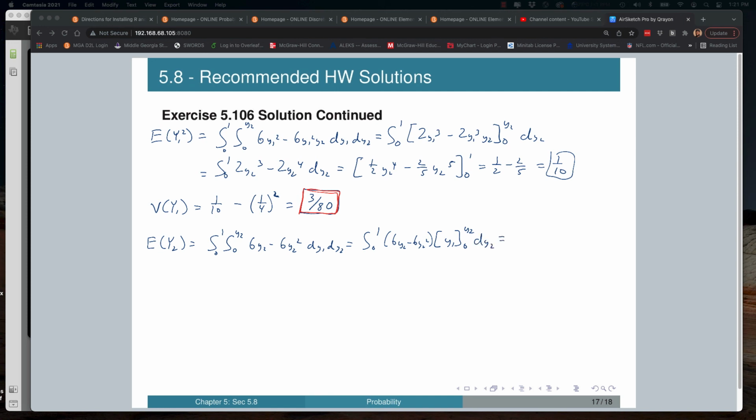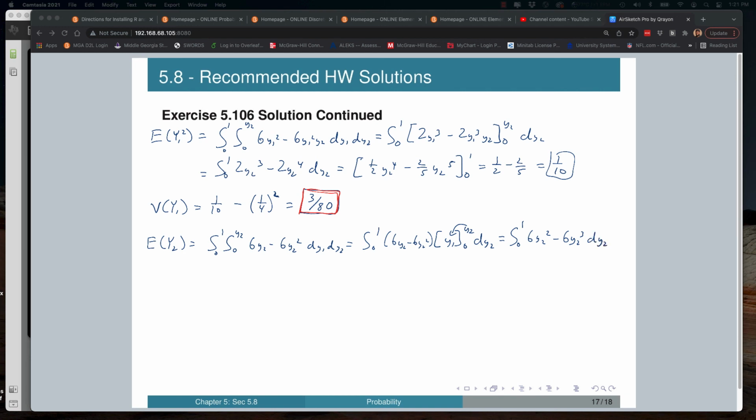which equals the integral from 0 to 1 of 6y sub 2 squared, because we plug in y sub 2, just distribute that, you get 6y sub 2 squared minus 6y sub 2 cubed dy sub 2.